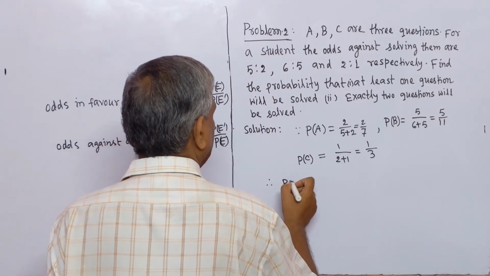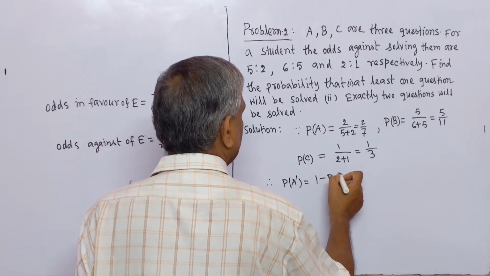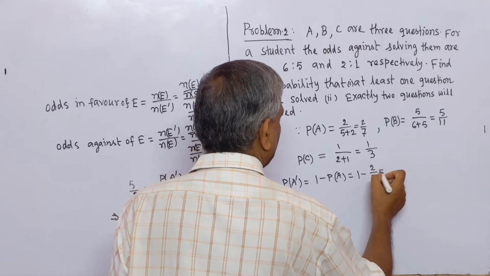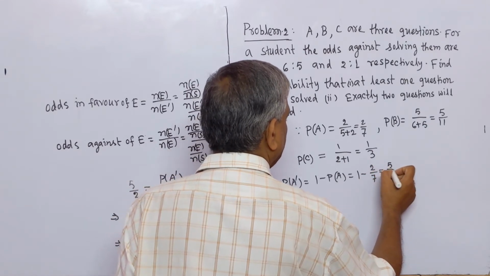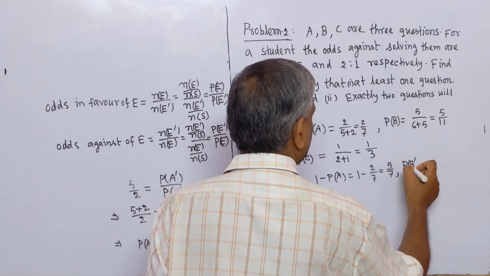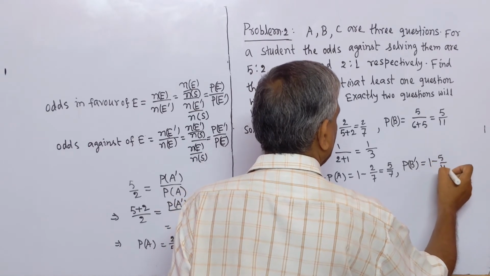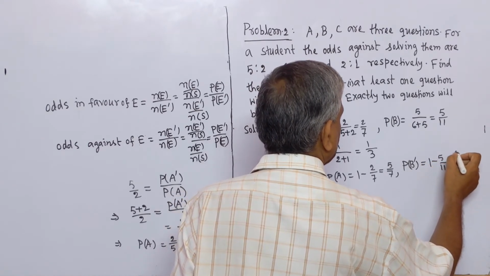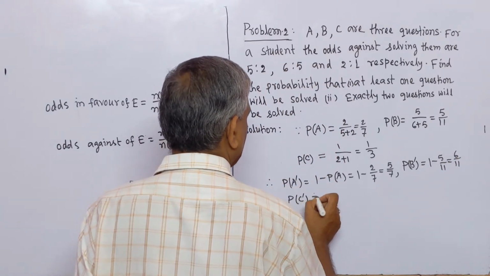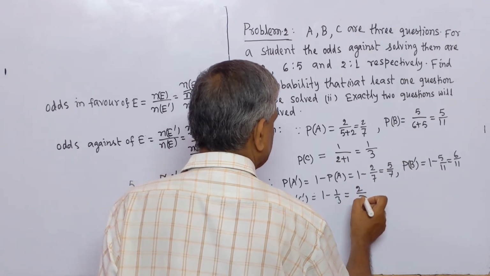Therefore, PA prime equal to 1 minus PA, that is 1 minus 2 by 7, means 5 by 7. PB prime equal to 1 minus 5 by 11 equal to 6 by 11. PC prime equal to 1 minus 1 by 3, that is 2 by 3.